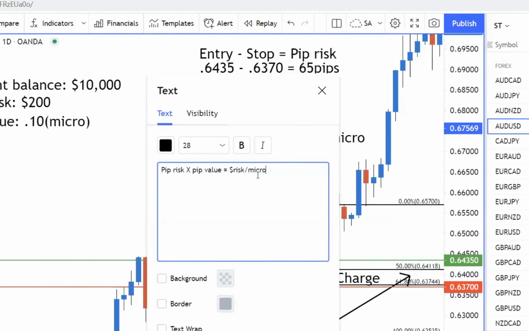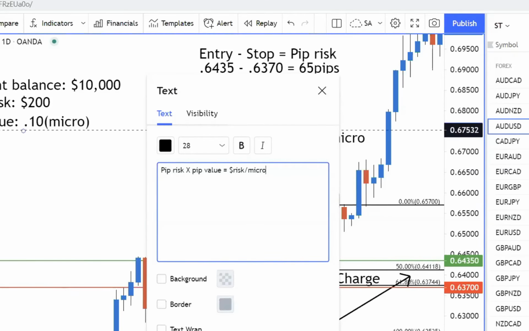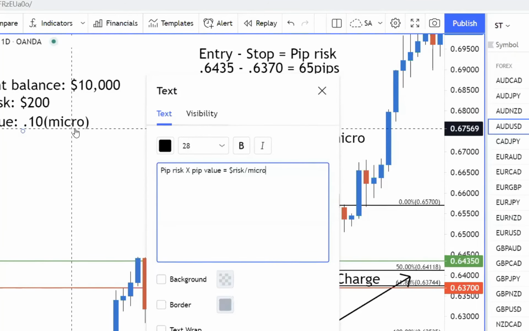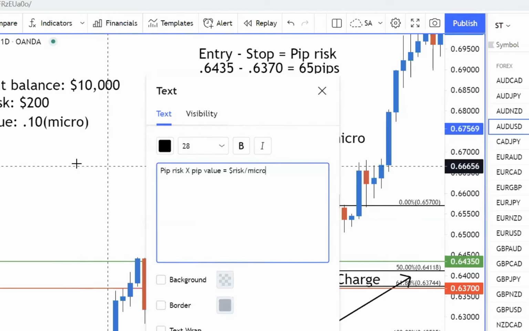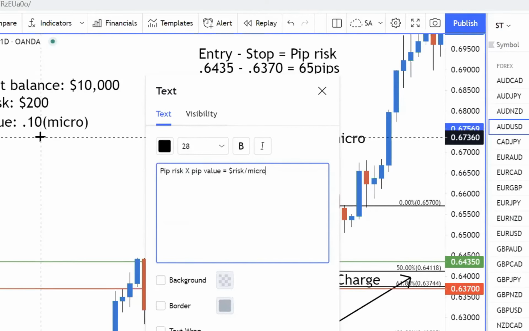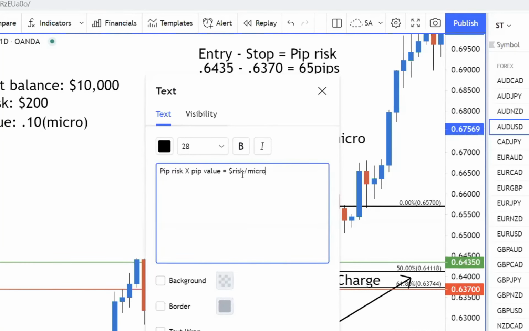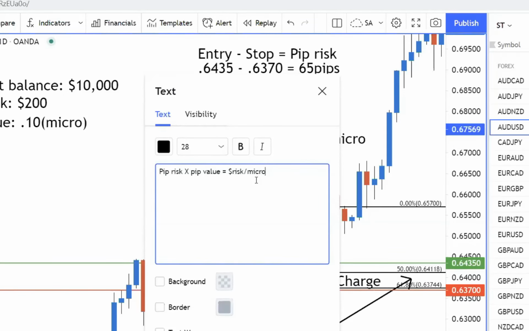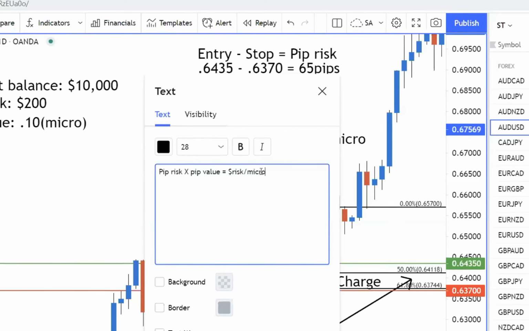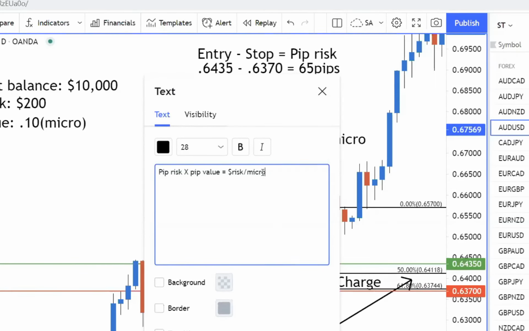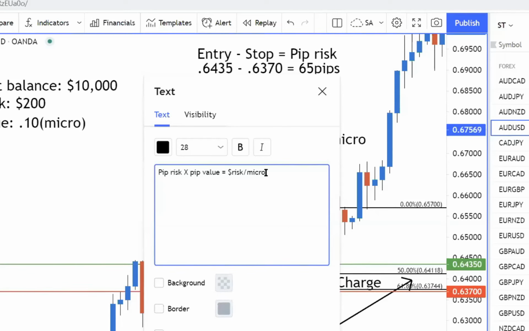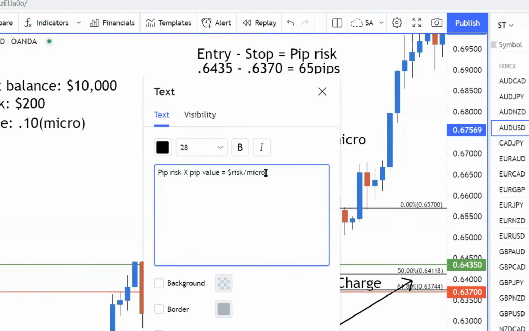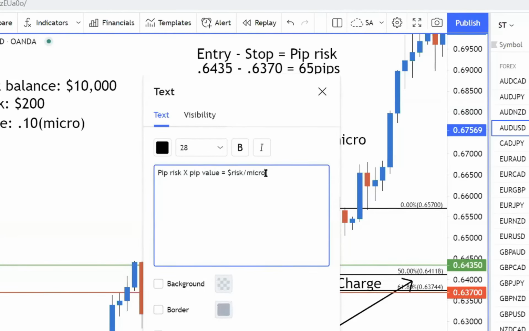And it's dollar risk per micro because we found the pip value of a micro, right? So if we would have found the pip value of a mini, this would be dollar risk per mini or dollar risk per standard. Like I was saying though, I like to go for these smaller units or these smaller lots so that it gets us closer to that ideal position size.